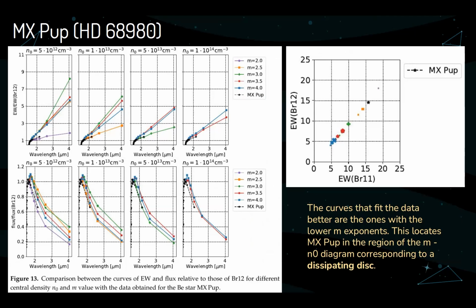We don't have an observation from the L1, so we don't have Brackett alpha. But we can see that for each density, the exponent that fits better is the lower one. You can see that it's always in the lower part of these curves. But we cannot choose with this which of these three is the correct or more probable one.